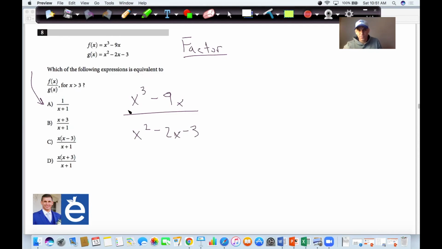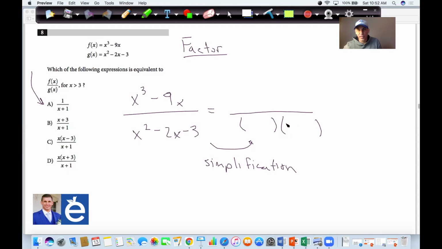One thing I notice is that all of my answer choices have an x plus 1 in my denominator, which tells me that this x squared minus 2x minus 3 has been simplified, right? And the simplification is what you refer to as factoring. Yay, right? So I'm going to factor this x squared minus 2x minus 3.